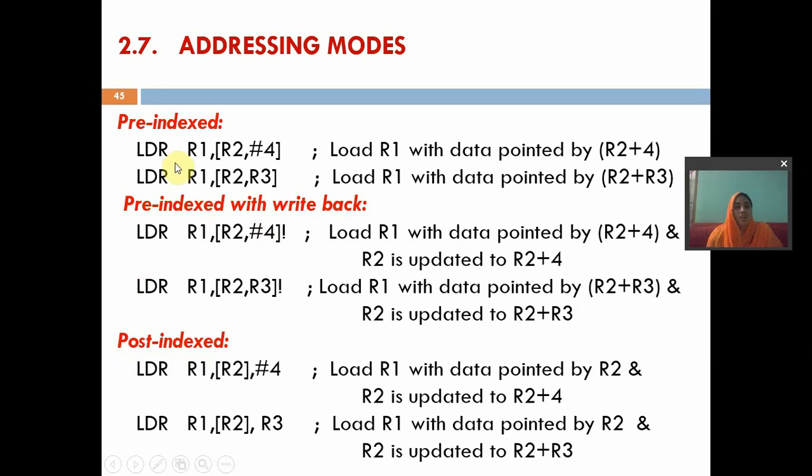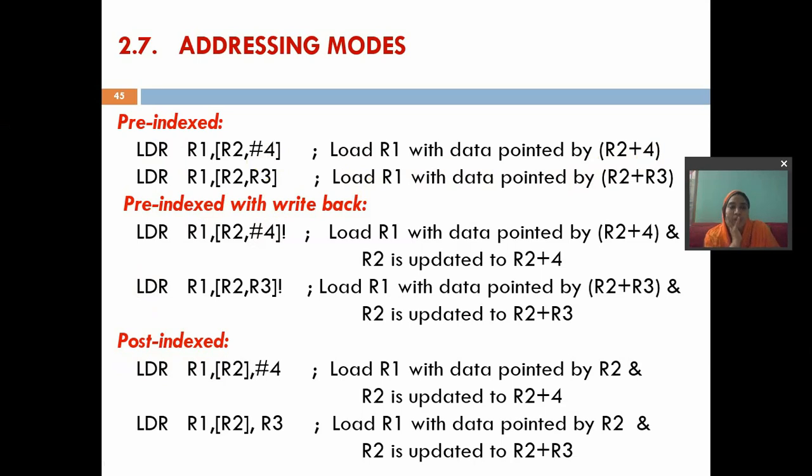The first one: LDR R1, [R2, #4]. Here we load R1 with the data pointed to by R2 plus 4. The address is the R2 plus 4 location. Whatever the data in R2 plus 4 is loaded to R1.